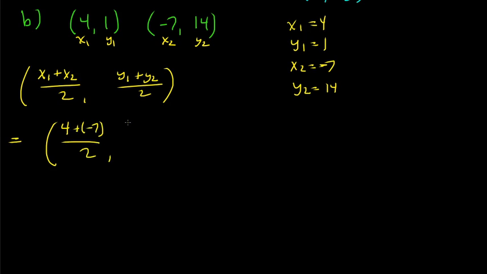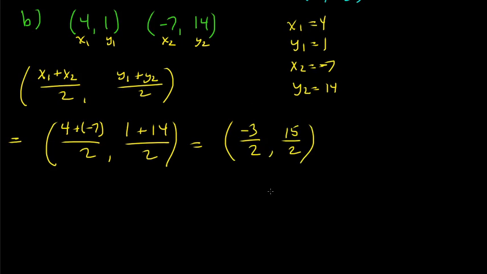All right, so x1 plus x2 is 4 plus negative 7 over 2. And then y1 plus y2 is 1 plus 14 over 2. So I think we get negative 3 over 2 and 15 over 2. And because the numerator is not an even number in both cases, we can leave it alone. That's the answer.